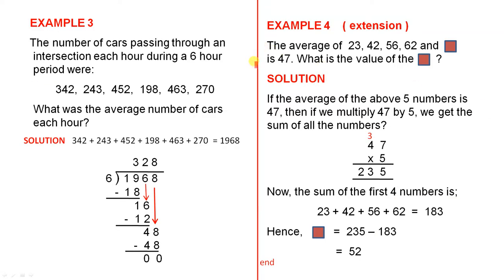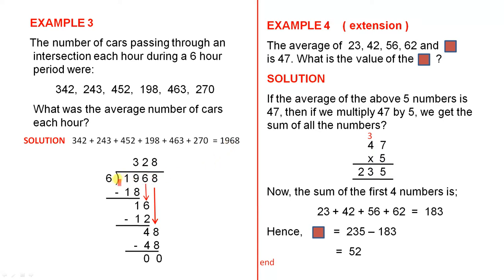The number of cars passing through an intersection each hour during a 6-hour period were, these were the number of cars. What was the average number of cars each hour? So basically, if we add up all those numbers, so we've just done that here, that gives us 1,968.